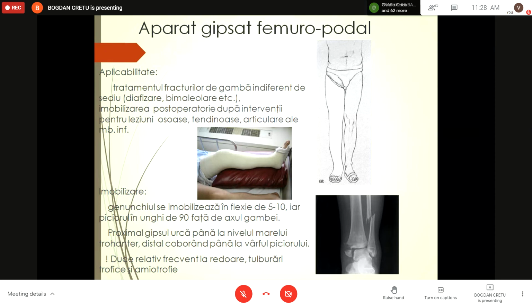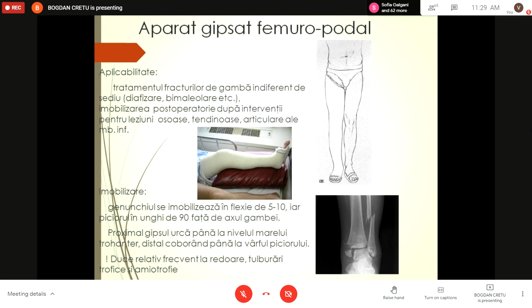More commonly used is the femoropodal immobilization, the femoropodal cast. Disregarding the fracture side, diaphyseal tibial fractures, ankle fractures. This is the immobilization used for definitive treatment. Usually, we do not use a cast.